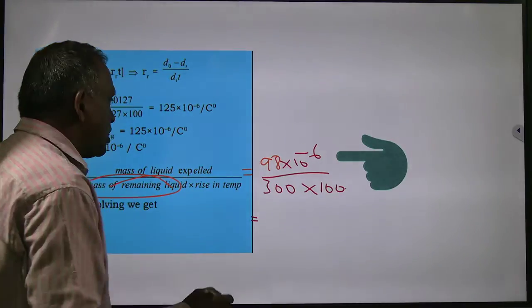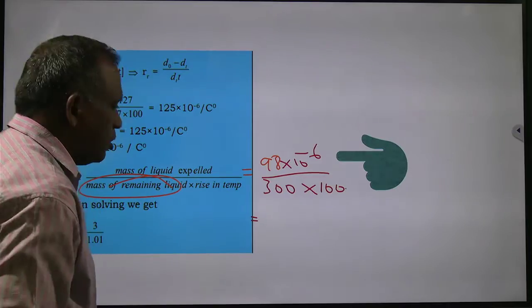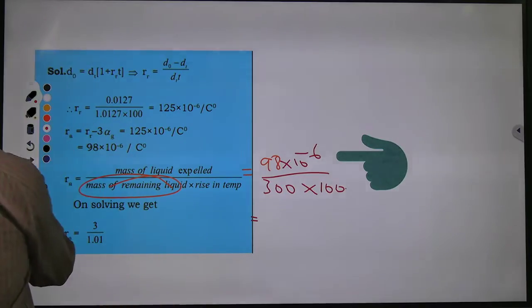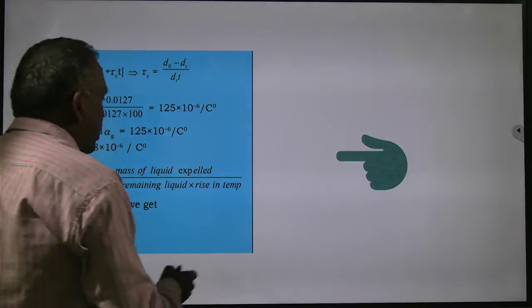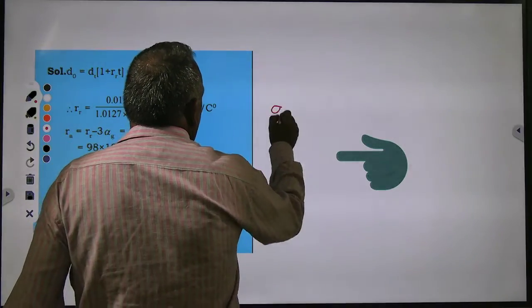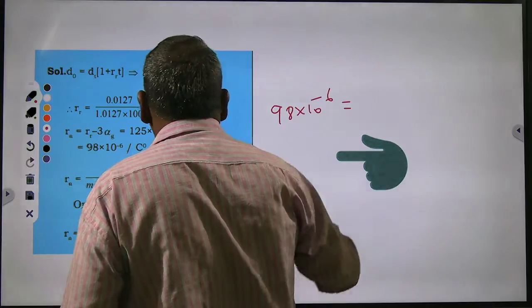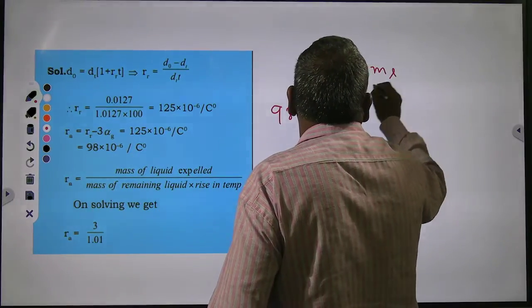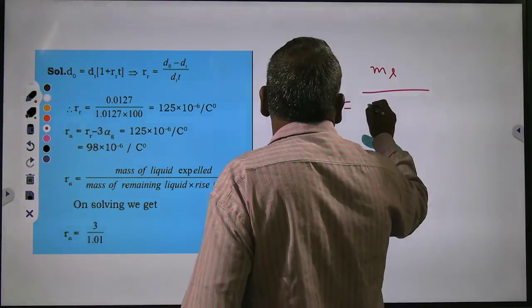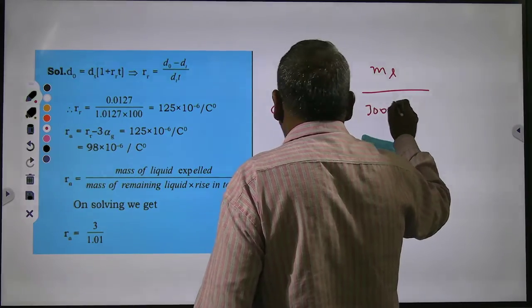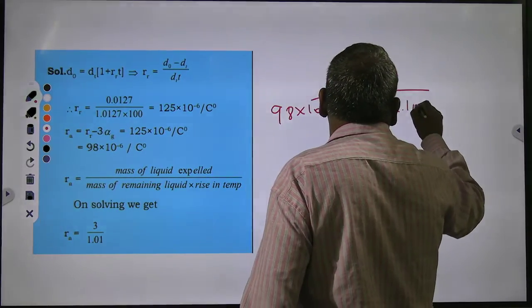So simplify this. Let me write it here: apparent expansion, 98 into 10 power minus 6, is equal to mass of liquid expelled, which should be found out, upon 300 grams into change in temperature, 100.